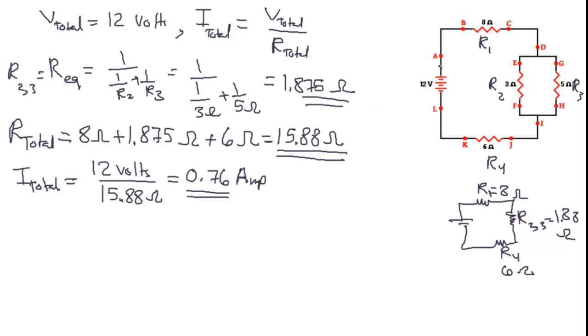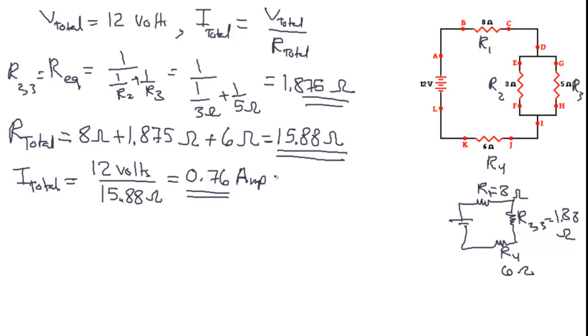Now we know that the total current will go through A, B, then through the 8 ohm, so it will be the current that goes through R1, and then it will be the current that goes through D, and then it will split on the junction between R2 and R3, and then merge back into R4.